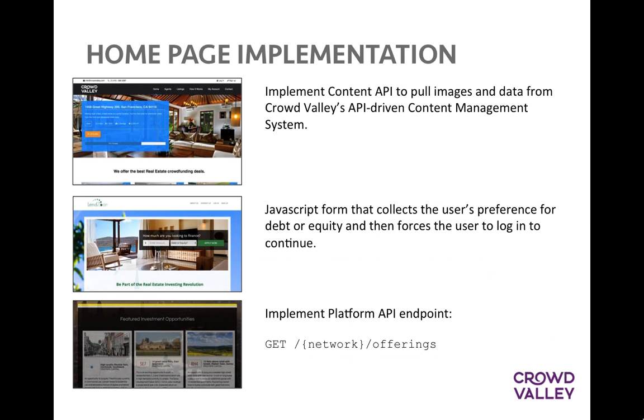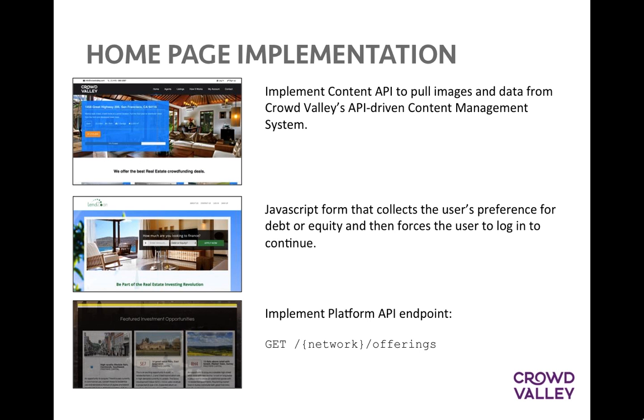So if you want to have, for example, a slider with images that represent some of the most interesting properties that you're raising capital for on the homepage, then you can use the content API, and the content API doesn't require users to be logged in as well. So if you want your users to be able to see immediately some data from some imagery or some information on the homepage, then you have that option.